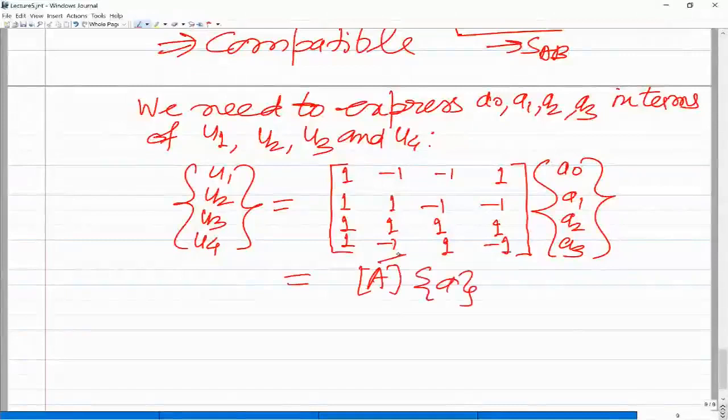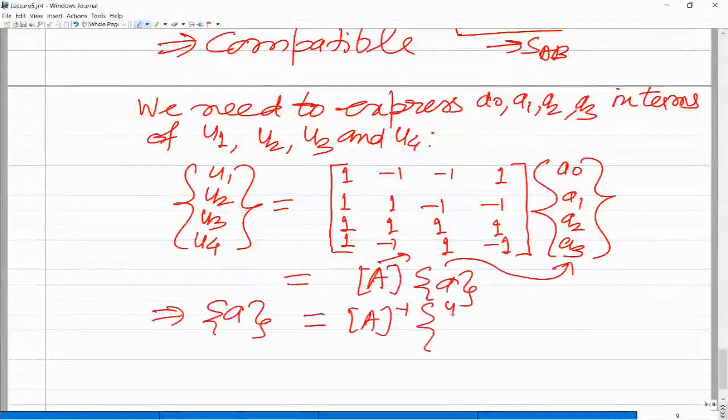Let us call this matrix A and this vector small a. So from this, small a, which is a0, a1, a2, a3, would be equal to A inverse into the vector u1, u2, u3 and u4.